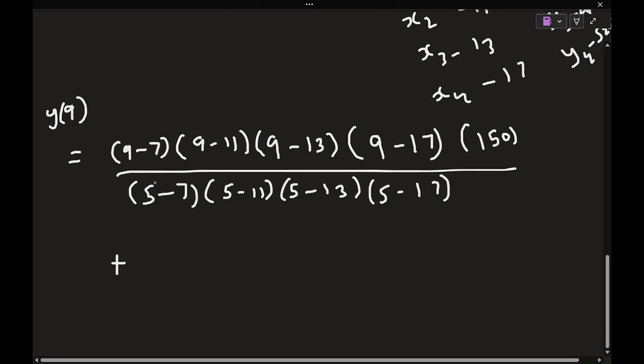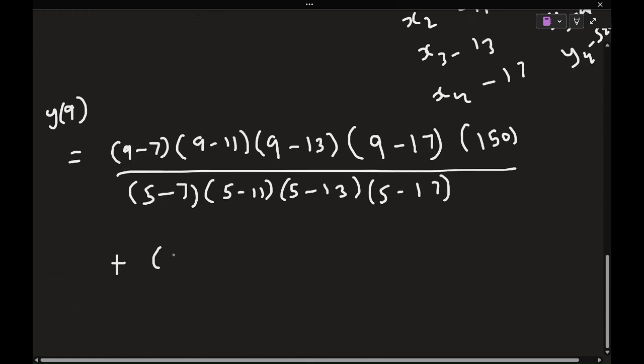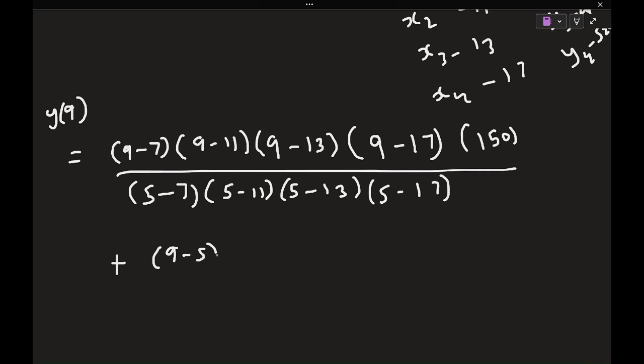Plus, next I'm neglecting x1, so I'll have directly x minus x0, which is 9 minus 5. I won't write 9 minus 7 because I'm neglecting it. 9 minus 11, 9 minus 13, 9 minus 17.